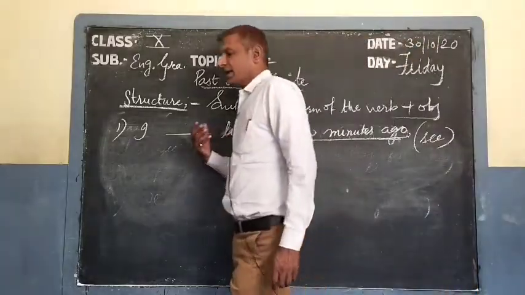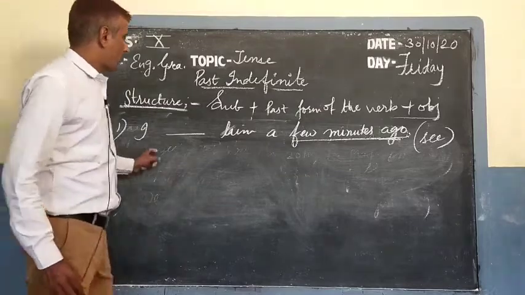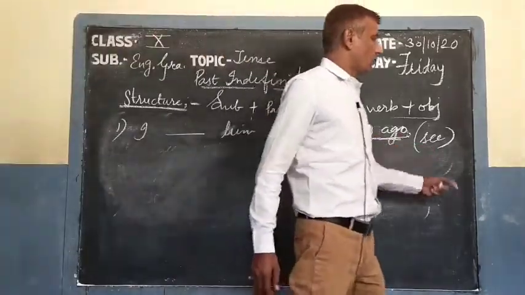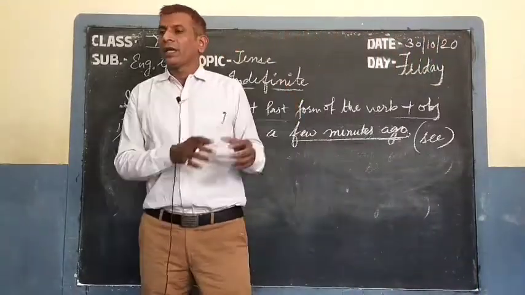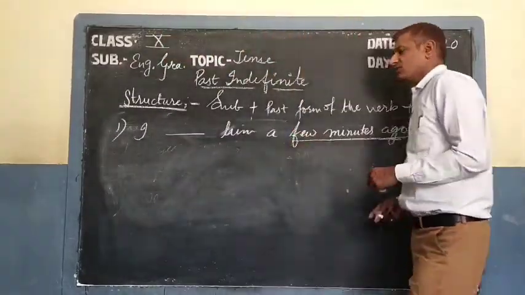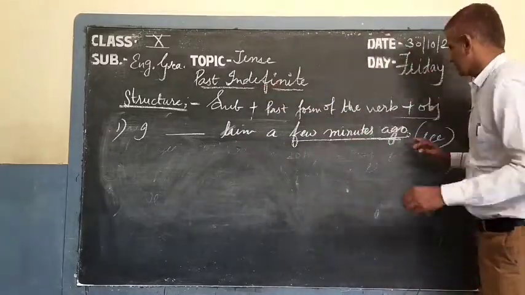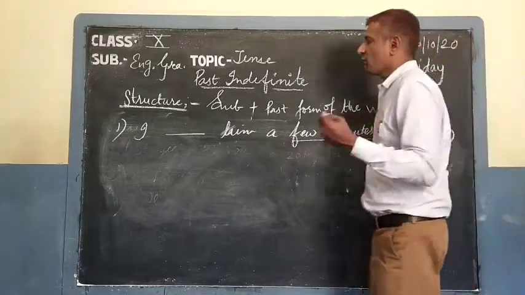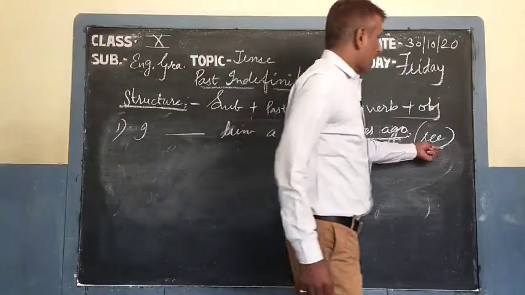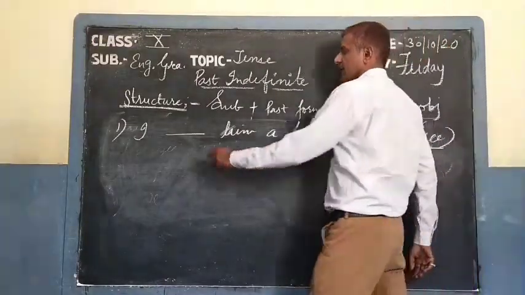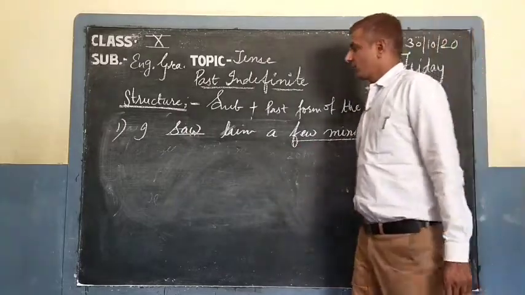So this way we are given in the examinations to fill the correct form of the verb. Now I, him a few minutes ago means with the time ago. If you see this word, identification word, it means the sentence is of past indefinite. So in past indefinite, which form we use? This past form of the verb. So what is the past form of the verb? See, it is saw. So this way we can fill.